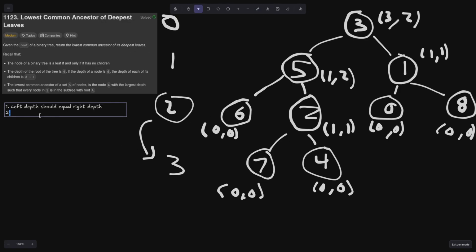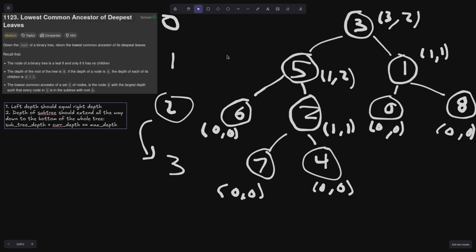So the depth of the subtree should extend all the way down to the bottom of the whole tree. And this is going to be: current depth plus subtree depth equals max depth.